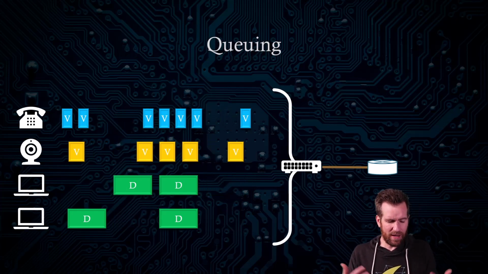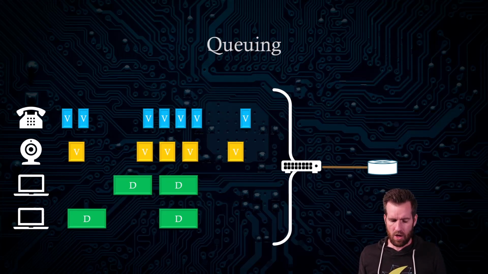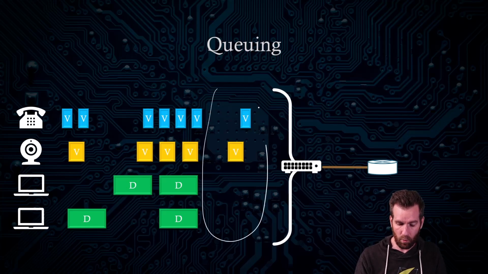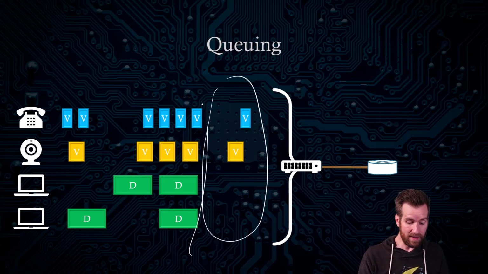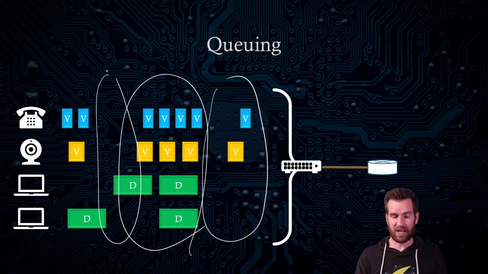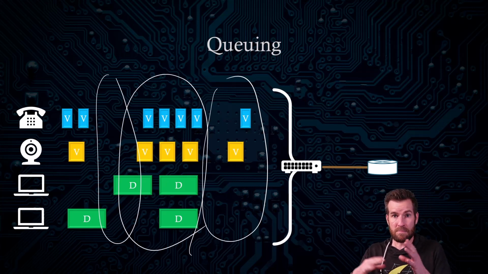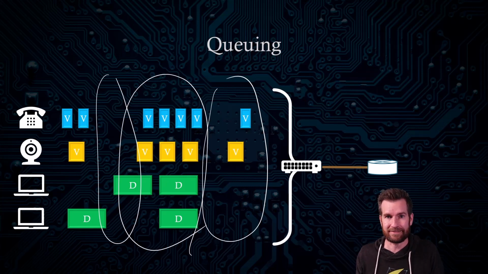One reason why queuing has to happen is because you don't have consistent flows of traffic through your devices. You may get a period of time where you get very little traffic, followed by a period of time that has a ton of traffic, and then followed by a period of very little traffic again. And so we have to have some queuing to meter that to a certain degree.